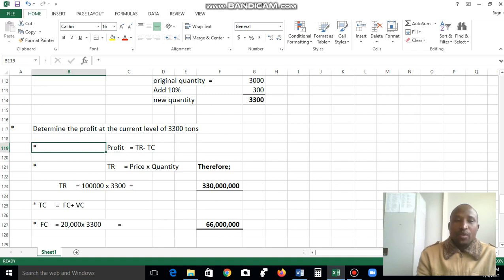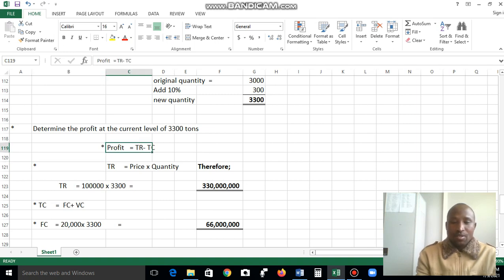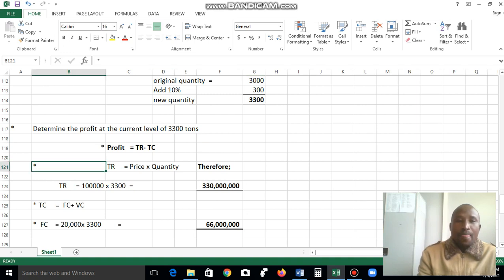We know that profit is equal to total revenue minus total costs. And total revenue is equal to price times quantity. So therefore, our total revenue for the case of 3,300 units.